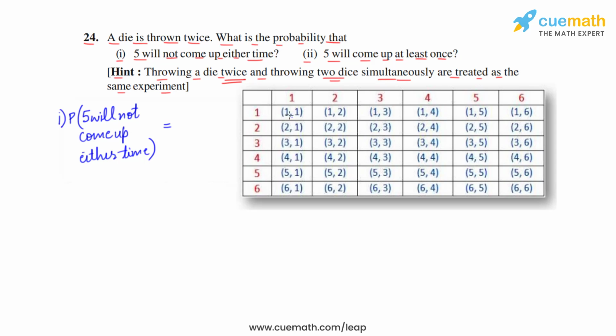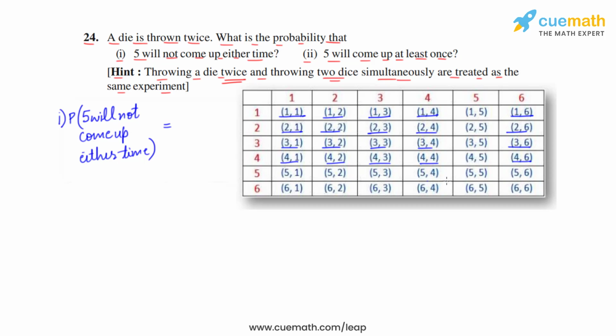So how many outcomes are there when there is no 5? 1, 2, 3, 4, 5, 6, 7, 8, 9, 10, 11, 12, 13, 14, 15, 16, 17, 18, 19, 20.